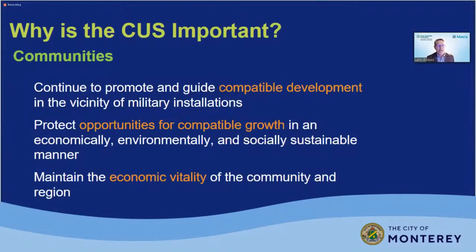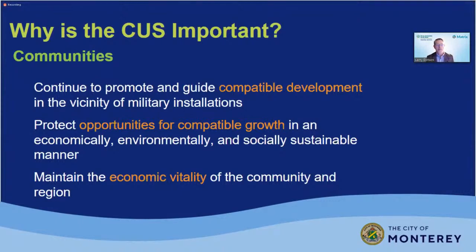That military installation development has occurred concurrently with the development of the cities of Monterey, Marina, Del Rey Oaks, Seaside, Sand City, and Pacific Grove. And so that growth has occurred symbiotically, if you will, over time.